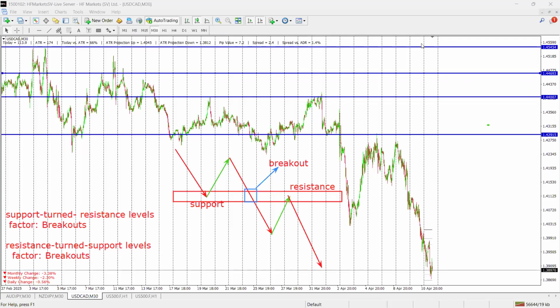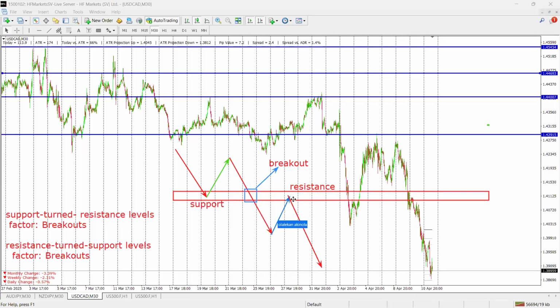So it could also be the same way, it could be opposite like this. In fact, what I'm going to do is just extend this zone like this. So yes, when this particular level started, it was one support. The fact that it was broken made it become resistance.